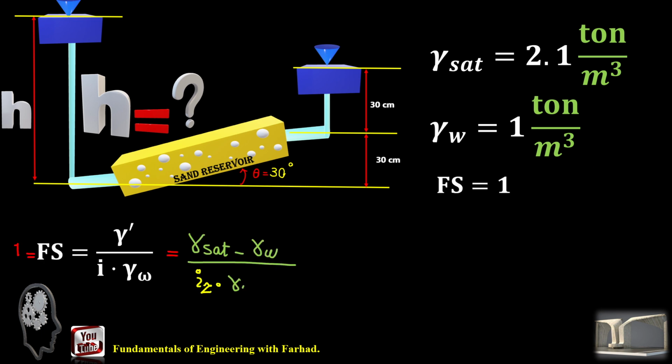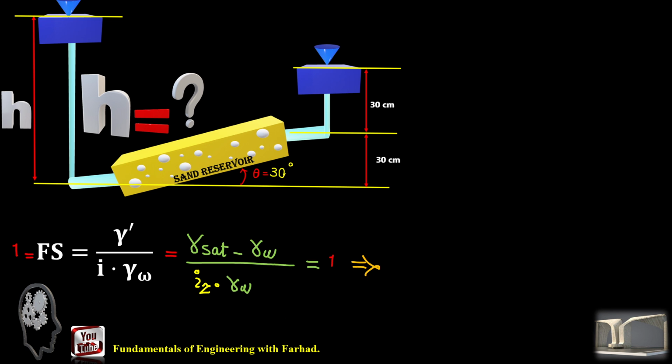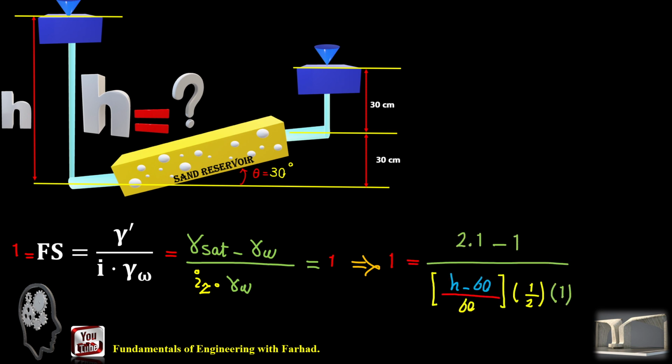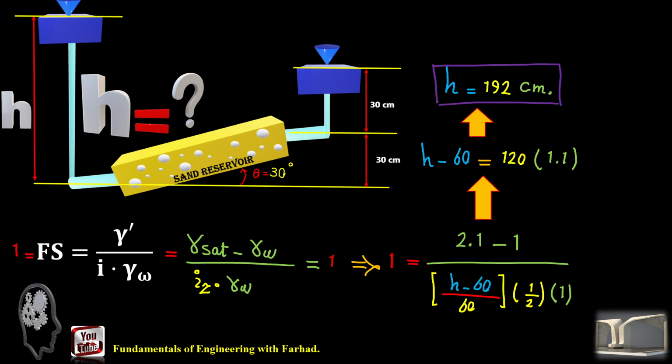So if you replace that in the equation, gamma prime, which is gamma saturated minus gamma W, over i, which is i sub z, the available i in the area, is equal to 1. If you jot down the equation, replace the numeric values, and do a little math, it gives you the height of water in the upstream side as 192 centimeters.